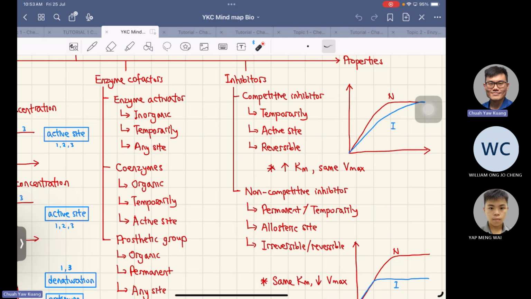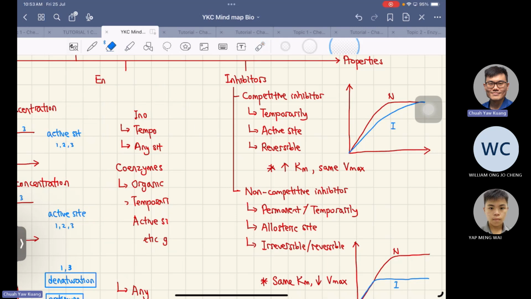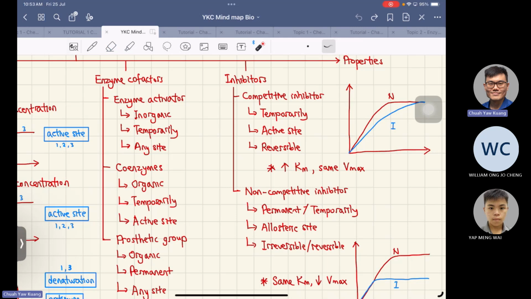So you can always use these points if they ask you to compare the non-competitive and competitive inhibitor, or to compare the cofactors, or for example to compare coenzyme and competitive inhibitor. These are all the general points that you can compare.